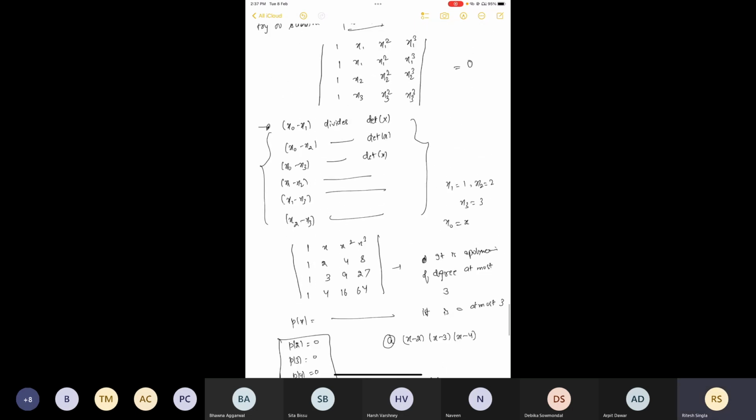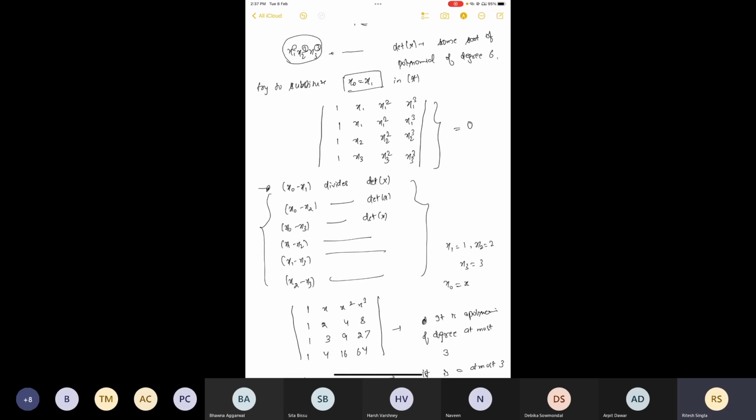Here we have a polynomial of degree at most 6, with roots x0, x1, x2, x3. Both are polynomials of degree 6, and both are equal at 6 points.